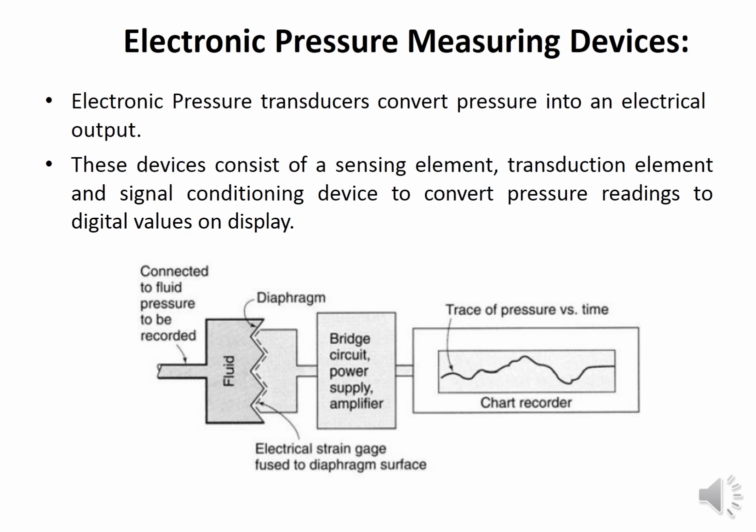These are some of the electronic pressure measuring devices. Electronic pressure transducers convert pressure into an electrical output so that you can get digital pressure readings. If you apply it to the fluid wherever the pressure is, it converts the deformation of the diaphragm into a signal that goes to a chart recorder, or it shows you the number digitally.